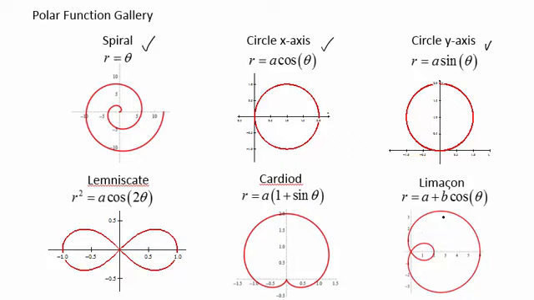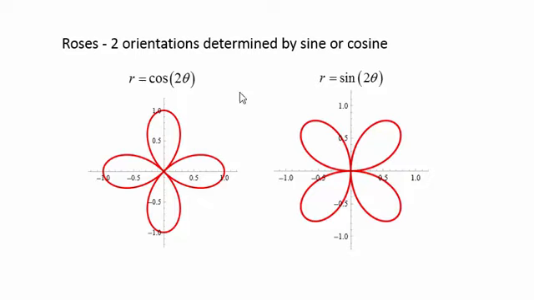We can also create the graphs of roses, and we'll notice here that there are 2 different orientations of a rose depending on whether we're using a sine or a cosine function, but that these are only 90-degree rotations of each other. We can also look at the effect of changing the argument inside the sine function.